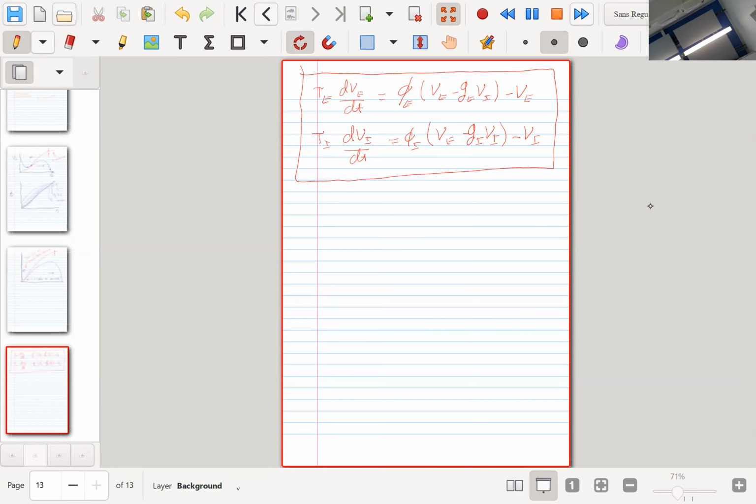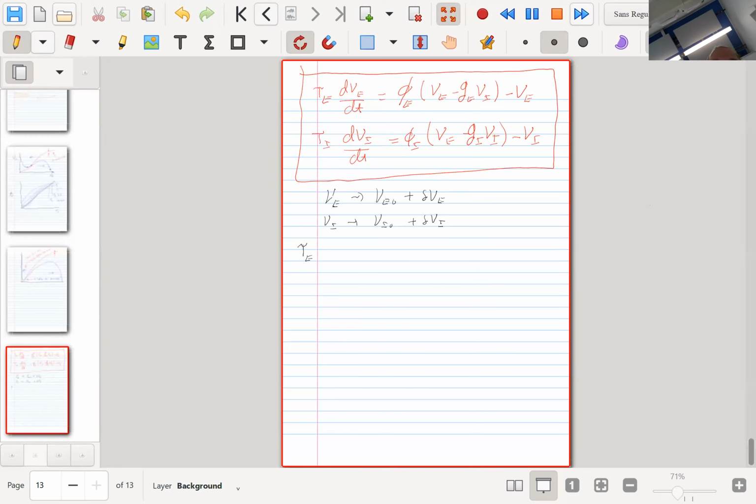What we're going to do is let nu E go to nu E0 plus delta nu E, and nu I go to nu I0 plus delta nu I. And so we're going to write down differential equations for delta nu E and delta nu I. I'll do delta nu E in detail.